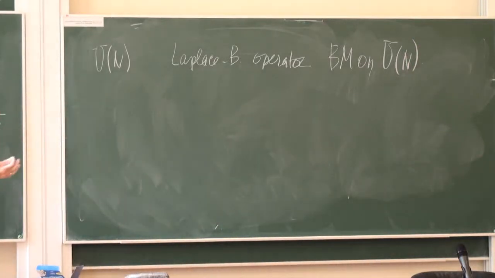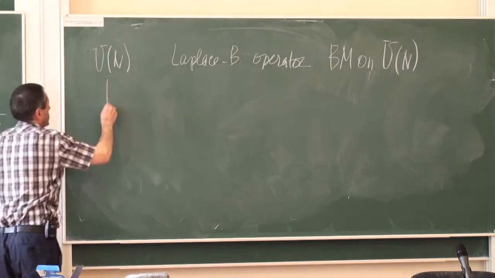This Brownian motion, by the very construction, is invariant with respect to left and right shifts. In particular, it is invariant with respect to conjugation by unitary matrices. And what are the conjugacy classes in this set? The conjugacy classes are parameterized by the eigenvalues.